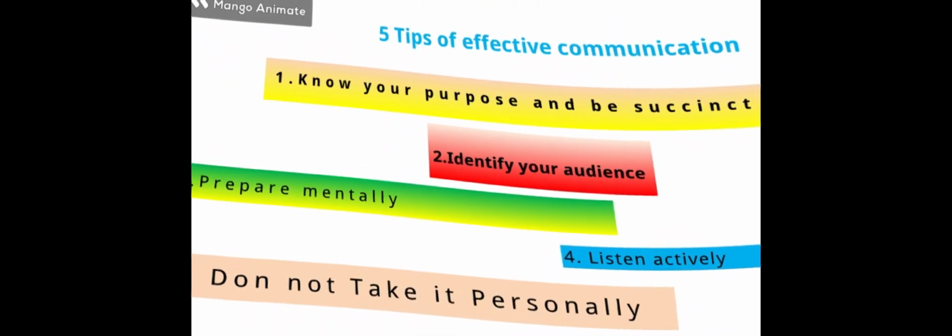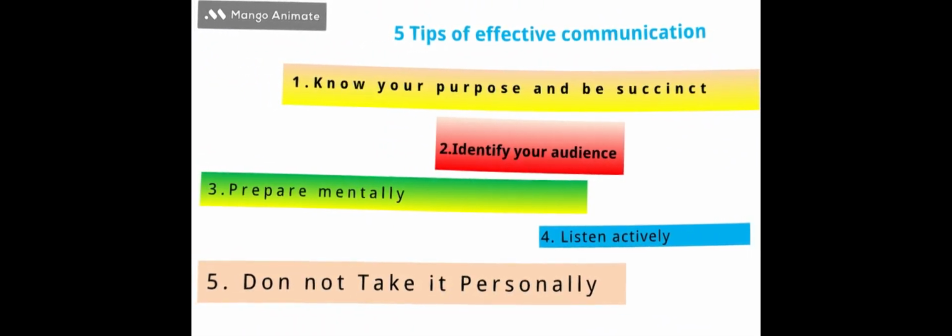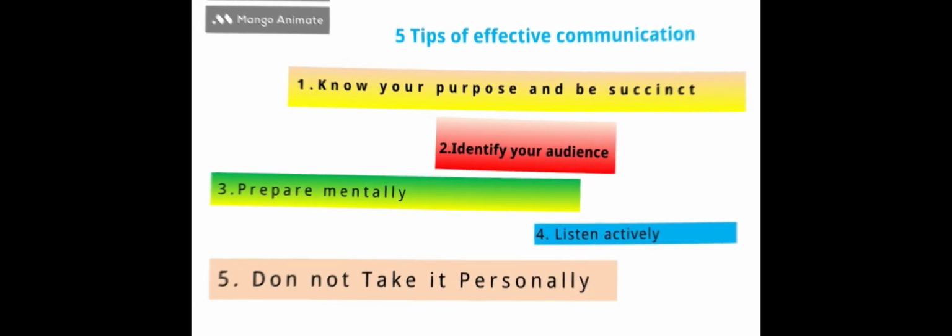It means that during communication, the person you are communicating with may be offended. During that time, don't feel attacked and criticized. That may be the nature of the person you are communicating with. Don't be defensive. Don't try to retaliate. Rather, you have to control your emotions and communicate with them in a very professional manner.